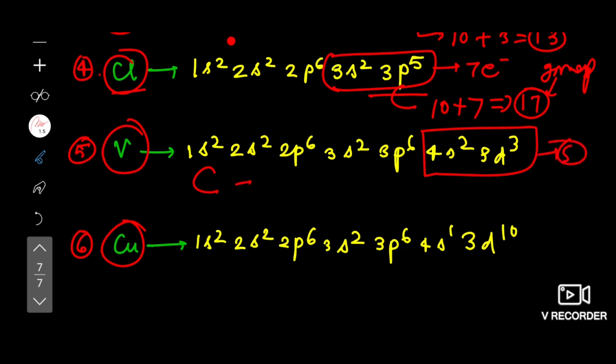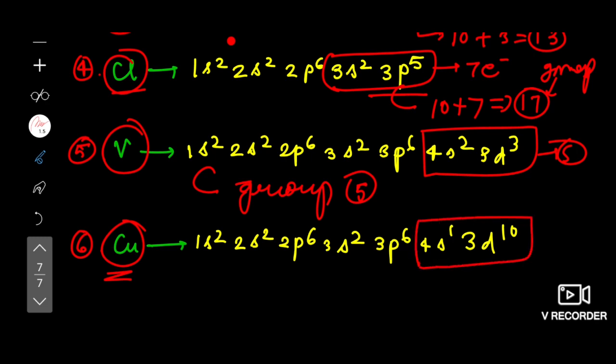Then the group of this element is 5. Similarly for copper, the outermost electronic configuration is 4s1 and 3d10. Then the total valence electrons here are 11. Then the group that we predict is 11.